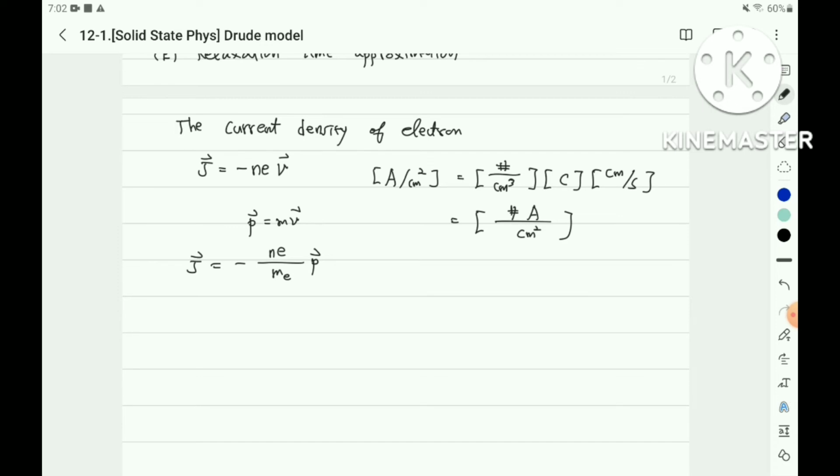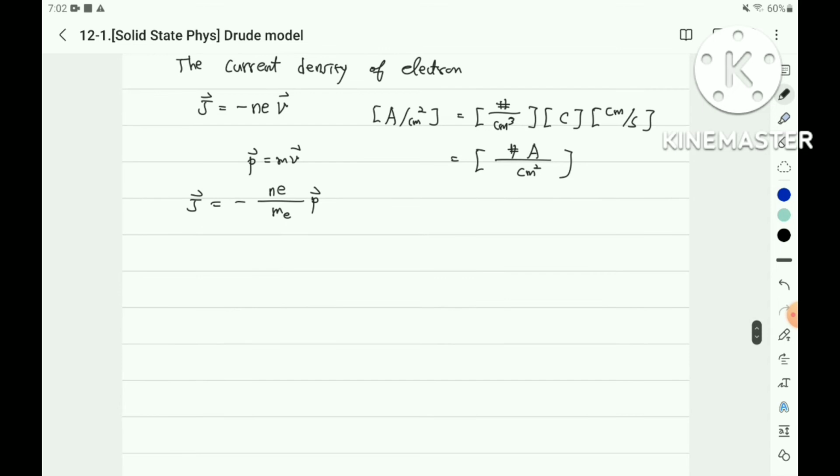And here the increase of momentum in time by applying an electric field, the electron accelerates. Therefore, the momentum difference has the force, it is a force, and dt means that this is a momentum difference.